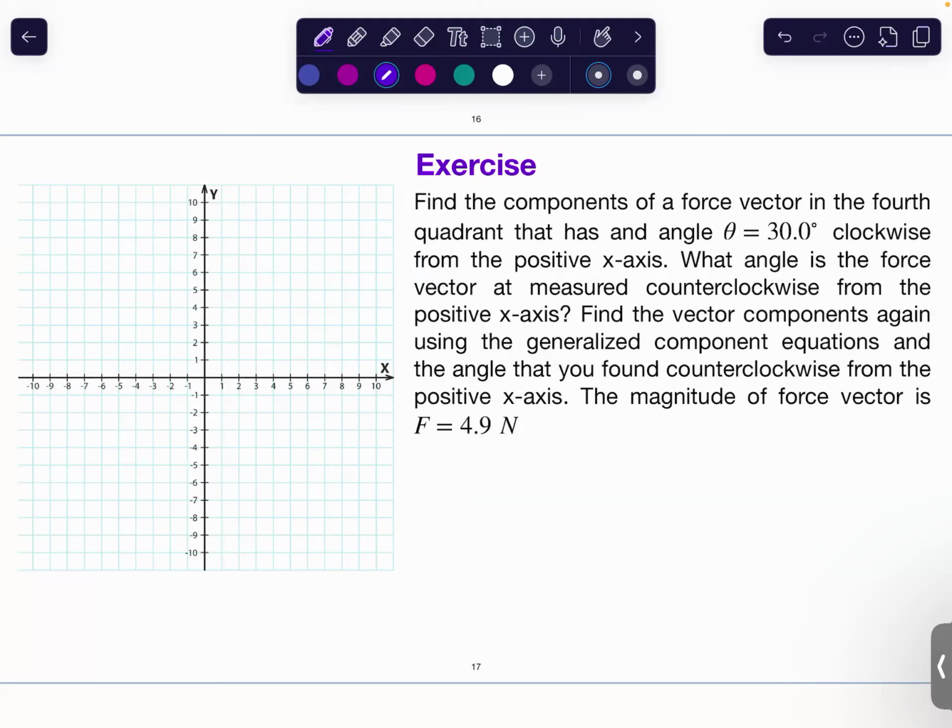The theta. So when you figure out this angle, this is theta. This is phi. Yes, that angle. Phi equals 330.